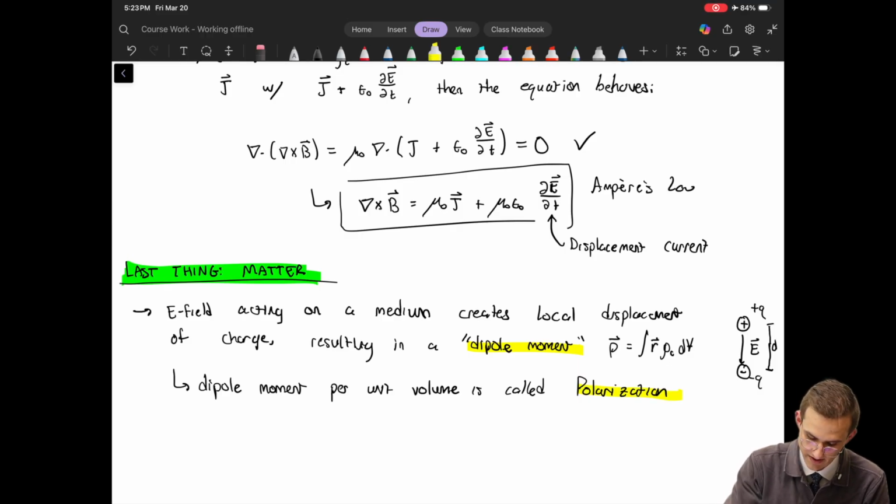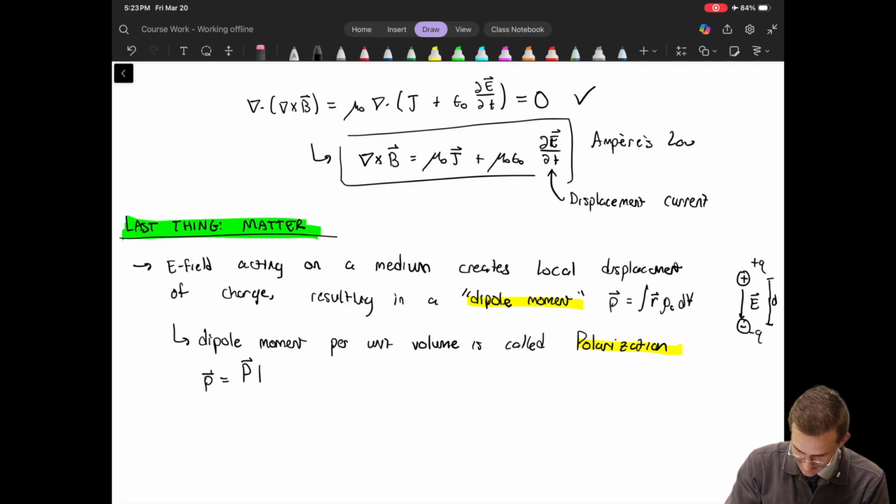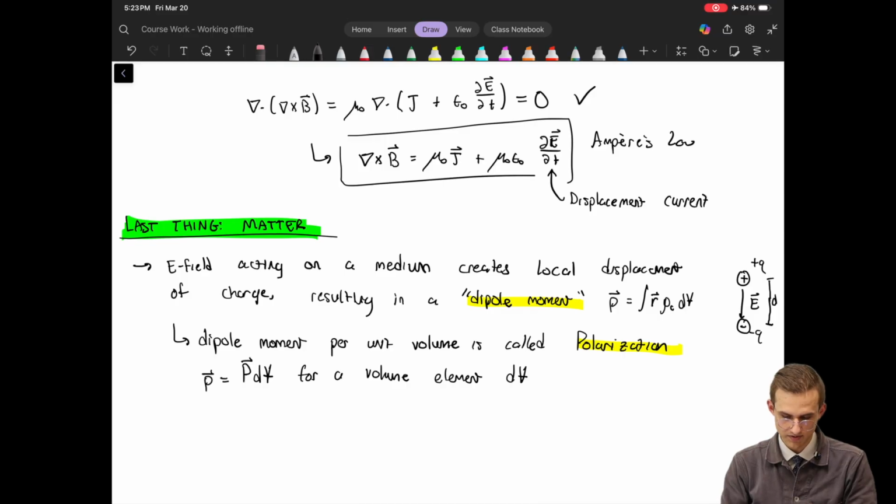It's denoted with a capital P, and the lowercase dipole moment p is equal to the polarization times dV, for a volume element dV. So if you multiply the polarization per unit volume at a single point times dV, you're going to get the dipole moment out.